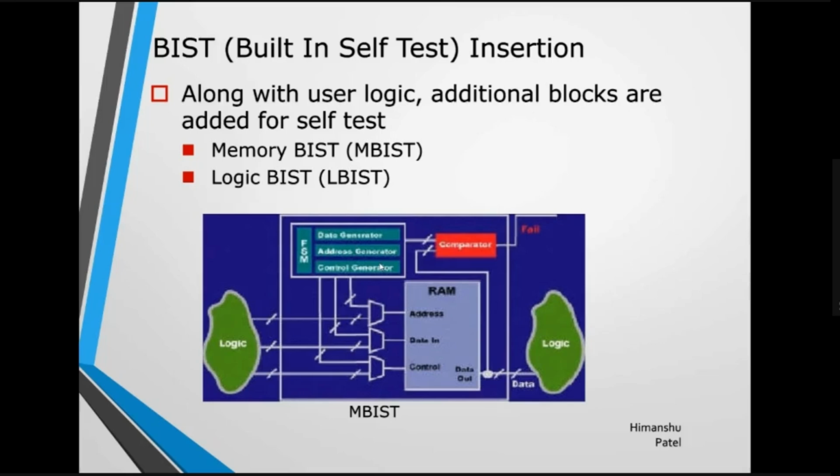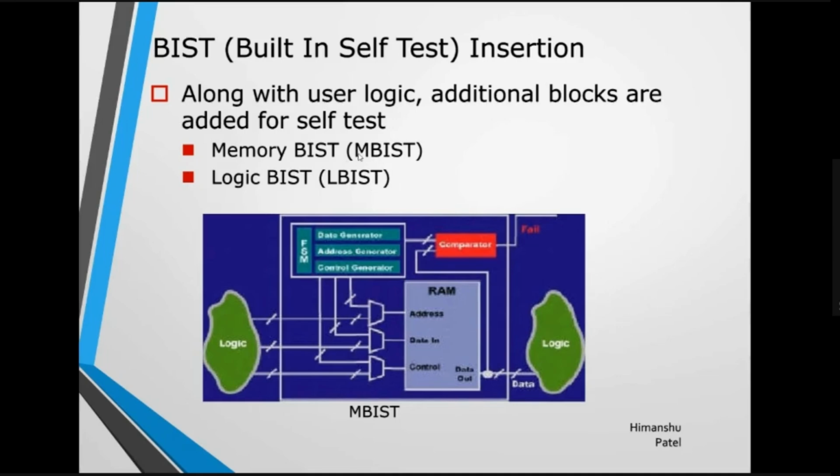Again, you simply add muxes at the inputs and try to get the output, remembering the thumb rule that we should not disturb the functionality. Both this memory based and logic based are built-in self-test mechanisms run by an FSM. So both of these have to work.